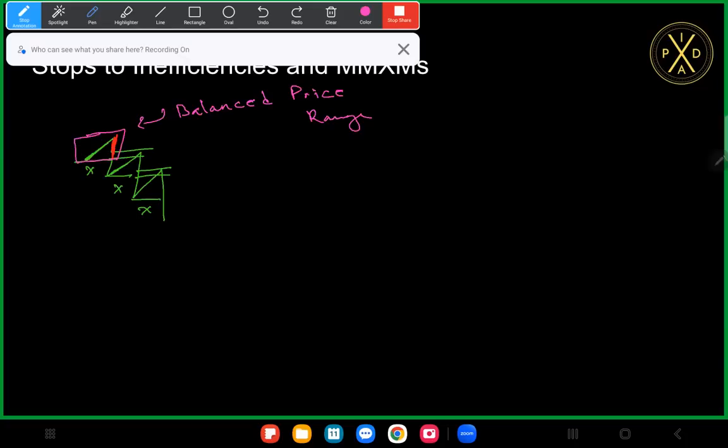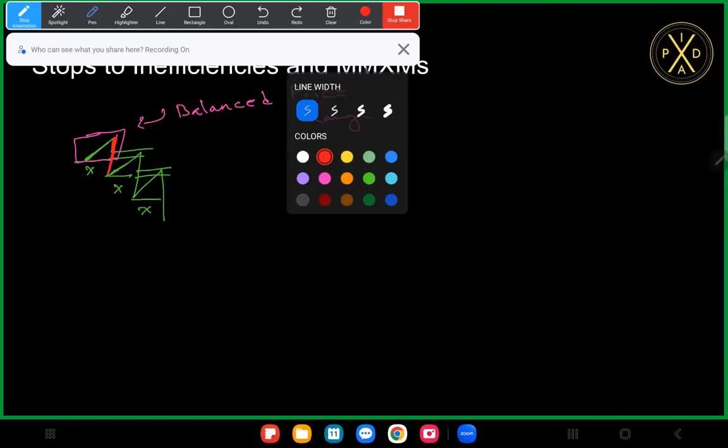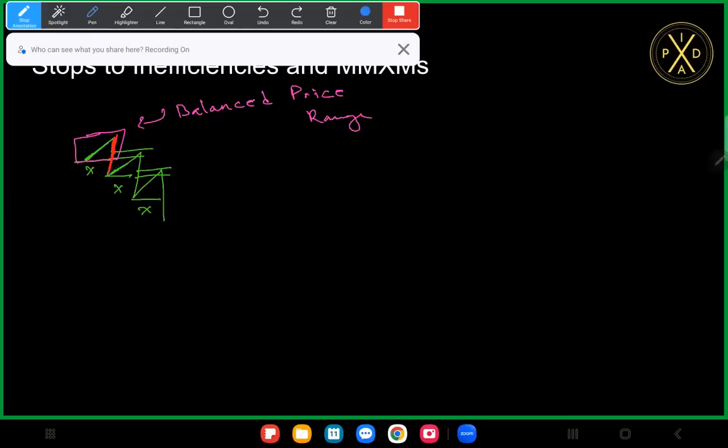So now let's add in our understanding of the market maker models that don't complete. So we understand that price is bearish. So these balanced price ranges shouldn't want to get taken out. So price delivers lower on the sell side of the curve, and then it comes back higher. So let me make this a blue color. So price then comes up higher, but what's it coming back into?